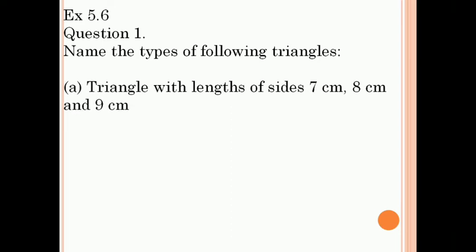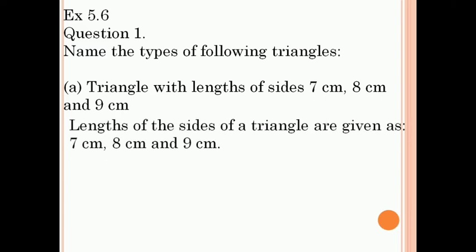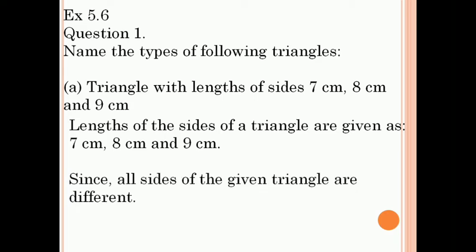A: Triangle with the lengths of sides 7 cm, 8 cm and 9 cm. The lengths of the sides of a triangle are given as 7 cm, 8 cm and 9 cm. Since all the sides of the given triangle are different, hence it is a scalene triangle.